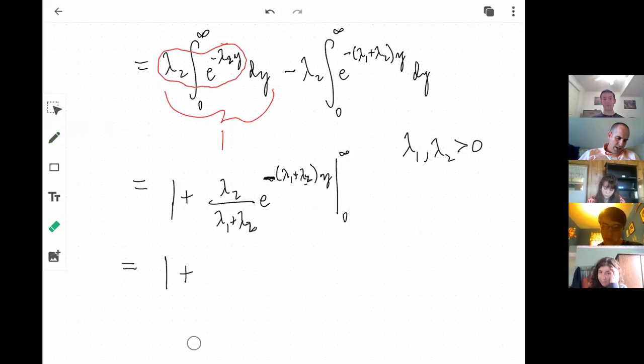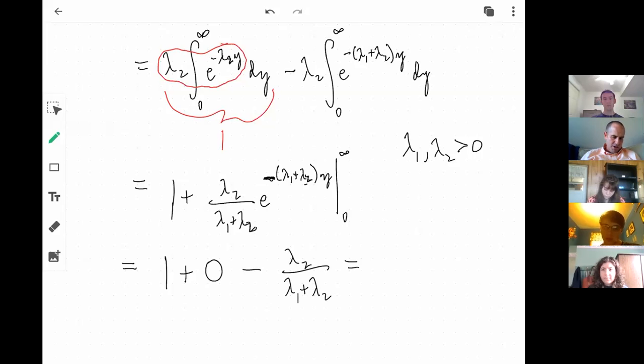Zero. Yep. And then I go minus this thing evaluated at 0, but that just gives me 1 times that ratio of lambdas. So this is lambda 2 over lambda 1 plus lambda 2.